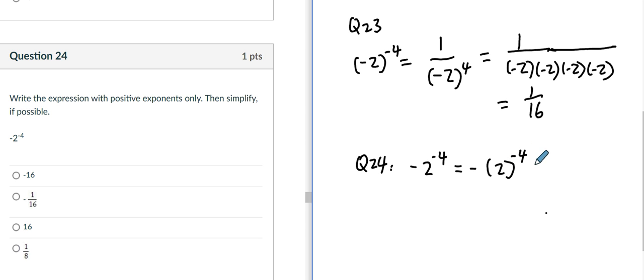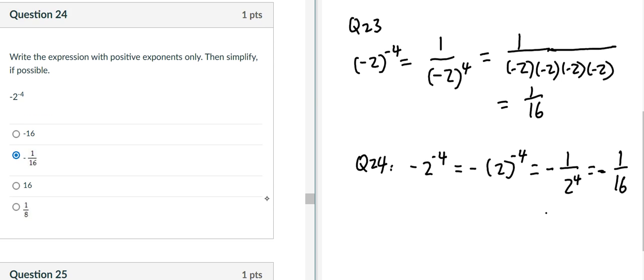So keep the negative. Eliminate the negative exponent by doing this. Then the final answer is 1 over 16, negative. So here then we have a negative 1 over 16.